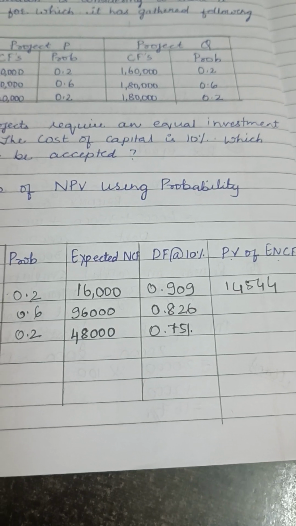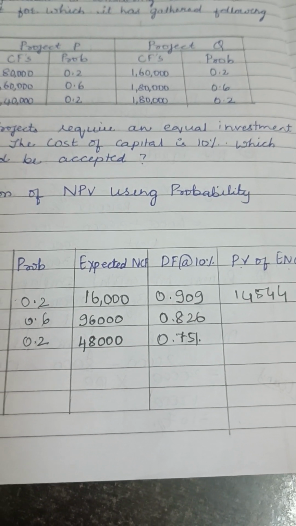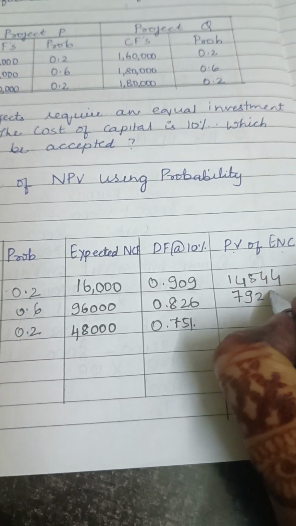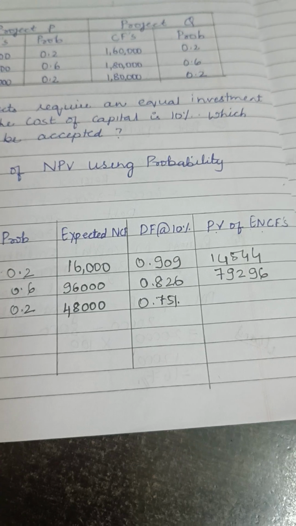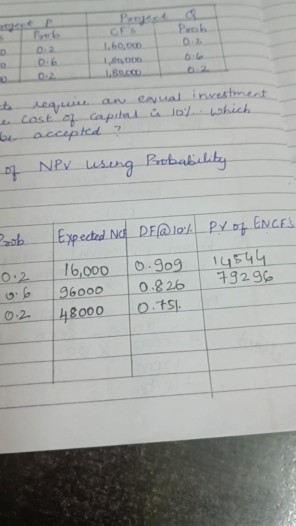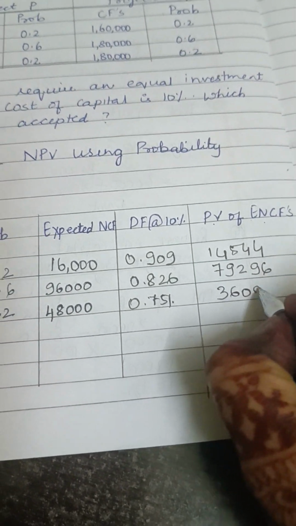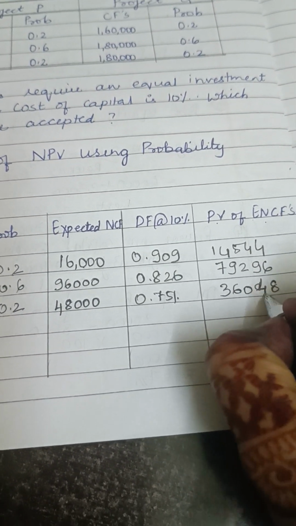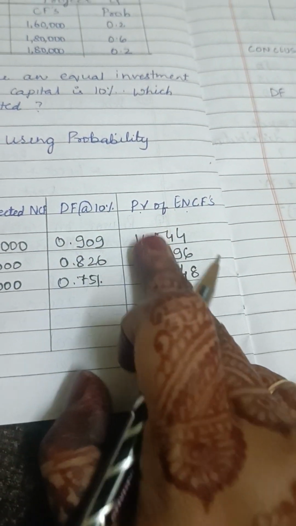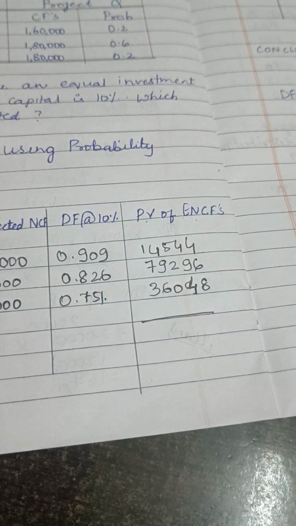Again we multiply 96,000 into 0.826 and get 79,296. Then for the third year, 48,000 into 0.751 gives 36,048. So we got the values. Now at the end we have to calculate the present value of expected net cash flow, so let's add all 3 years.